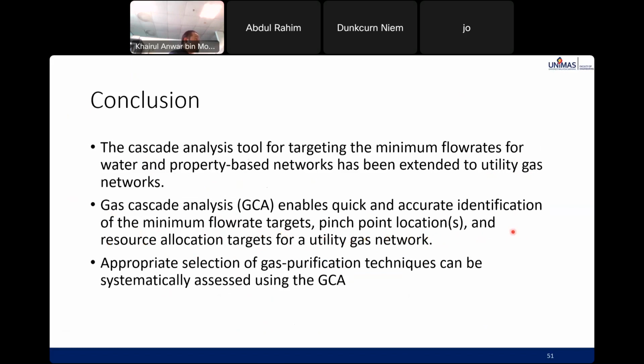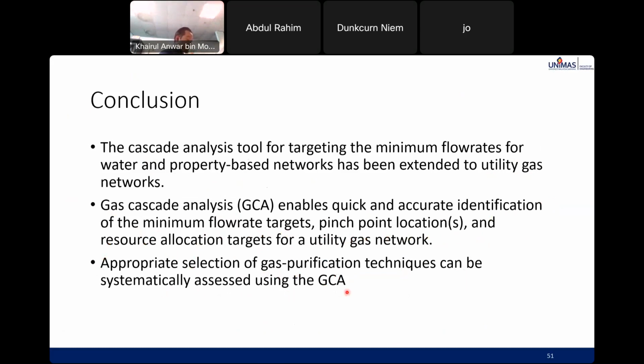Just by creating the gas cascade table, at least two gas cascade tables are required before you can get the pinch point. Appropriate selection of gas purification technique can be systematically assessed using the GCA.